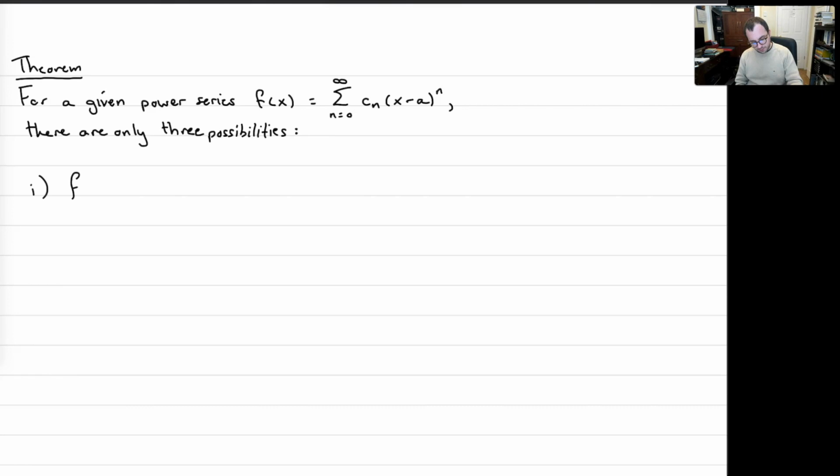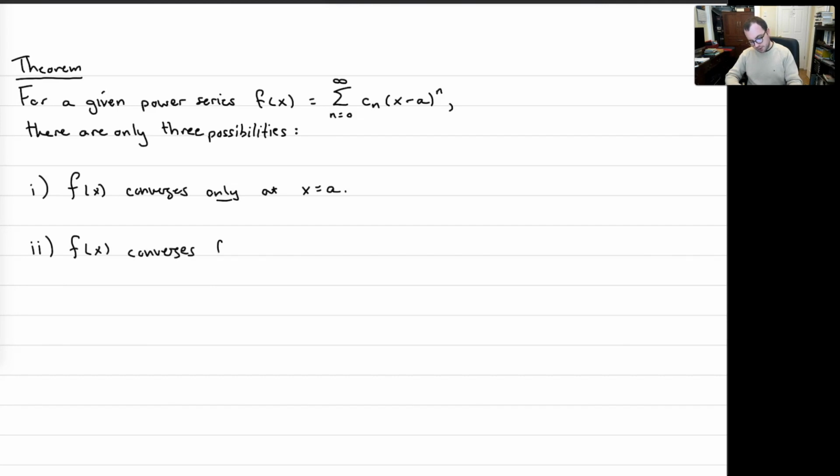1. f(x) converges only at x equals a. We know that every power series converges at x equals a because you plug a in and you get a series of zeros. But it is possible that that's the only value that the series converges for. Second possibility is that f(x) converges everywhere.